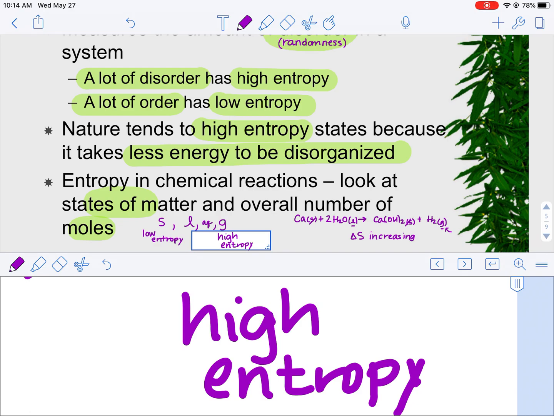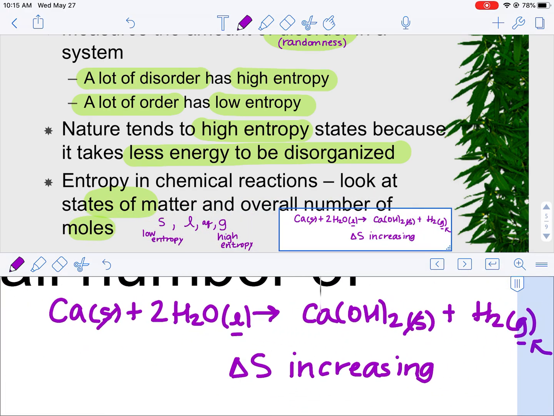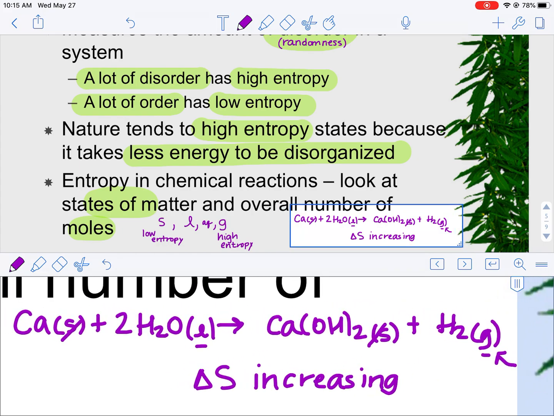Now you'll notice that we prioritized states of matter. The second thing would be your overall number of moles. If this chemical reaction were all the same states of matter, which they're not, which is why we didn't look at it, but if they were all the same states of matter, we would have a total of 3 moles of reactants and 2 moles of products. 3 moles to 2 moles, that's getting more ordered.